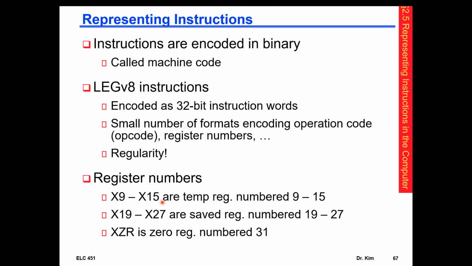So let's go back and keep talking about the representation of instructions. By now, you should understand that the ISA that we are architecting has 32-bit instruction words, and there's going to be a number of different formats.